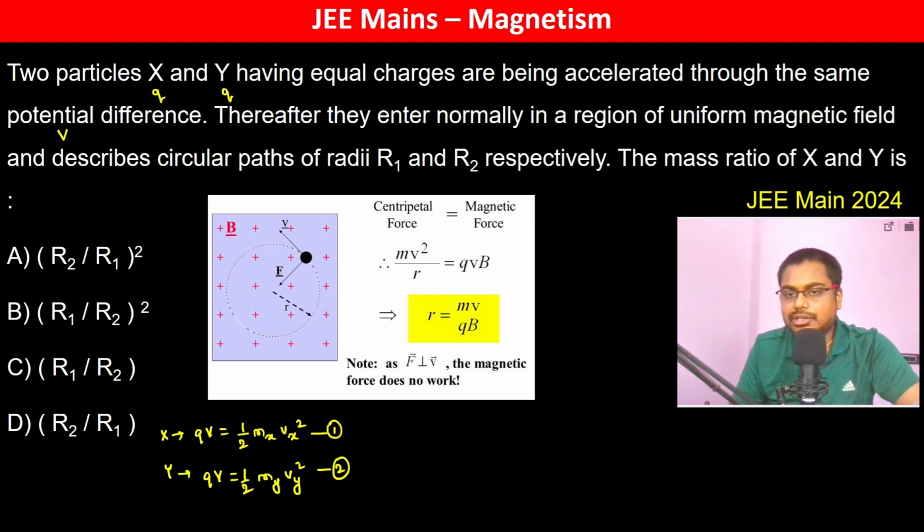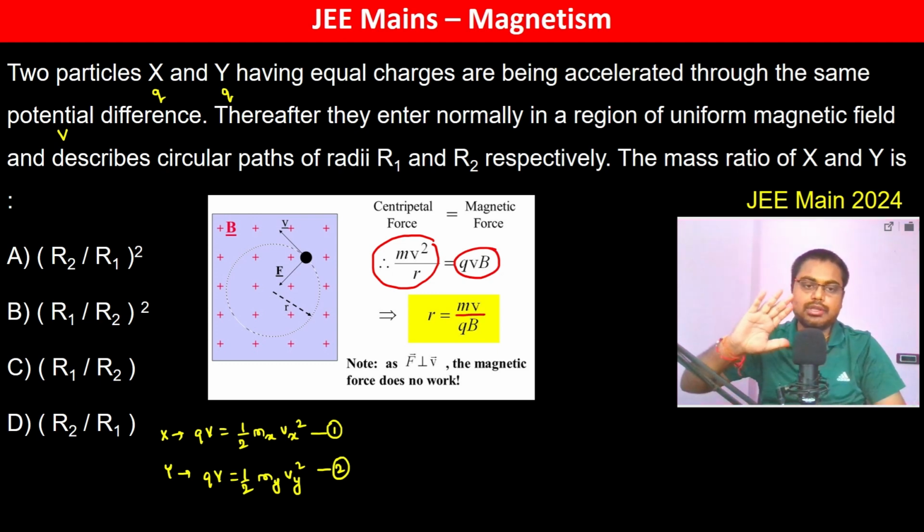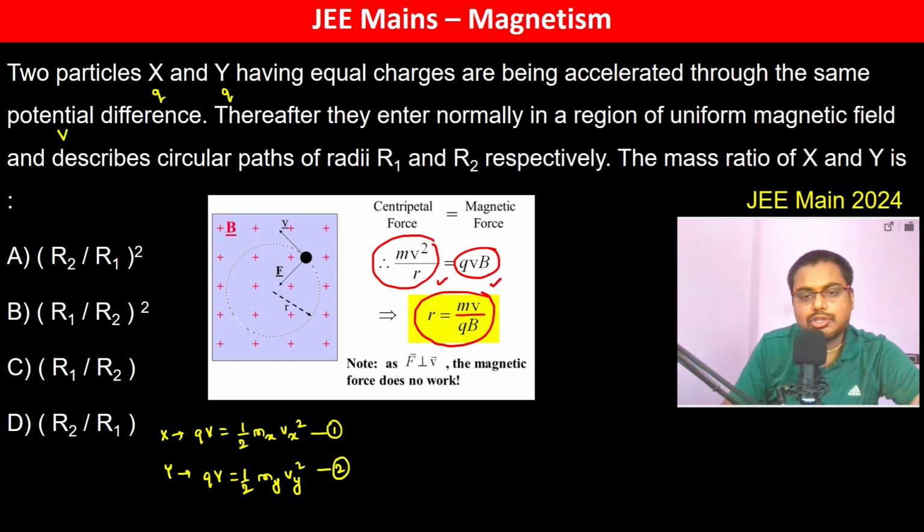Now thereafter they enter a region of uniform magnetic field and describe circular paths. So now we see here that mv square by r should be equal to qv cross b. So once it enters a magnetic field, so qv, in this case, okay, this is electron, so therefore it is like this. So therefore we have radius is equal to mv divided by qb.